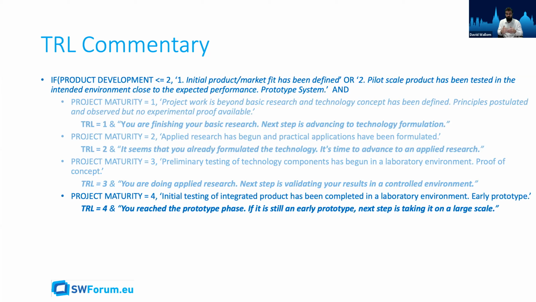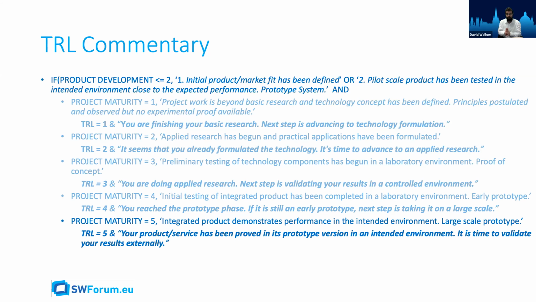Level 4, you've reached the prototype phase. It's still early. What you need to do, of course, is then scale this, taking your small scale prototype and understanding how you're going to scale. That might not be building a bigger product. That might be how you are going to reach more different use cases or possible users of your product, to take it to the next level.